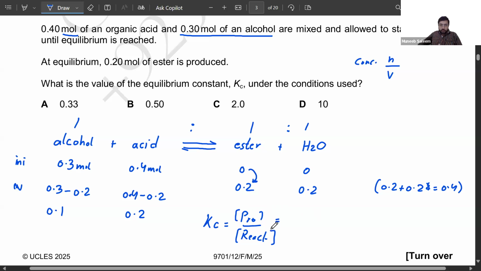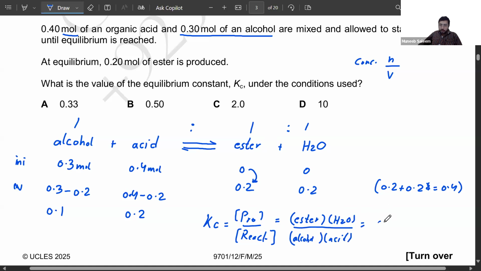All right, so the value for the products, the ester value and then the H2O value, divided by the alcohol value and the acid value. In the expression, they are multiplied.